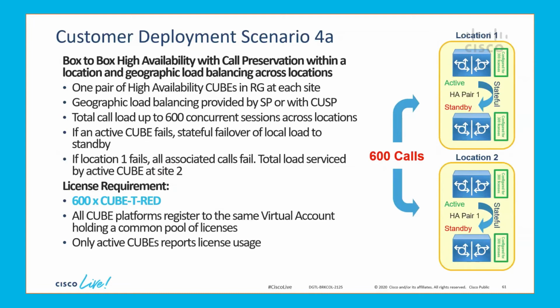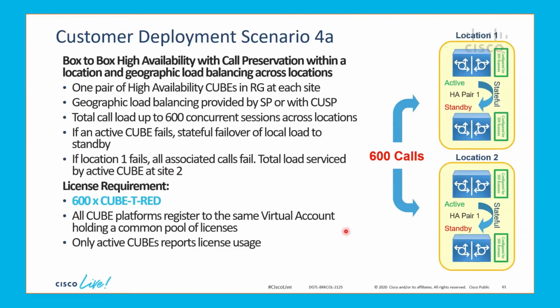So let's say you're expecting 600 calls across both the locations, across both the CUBE HA pairs. What you will need is 600 CUBE T redundant licenses, right? Because both of these are doing redundancy. This is an HA pair, this is an HA pair in both the locations.